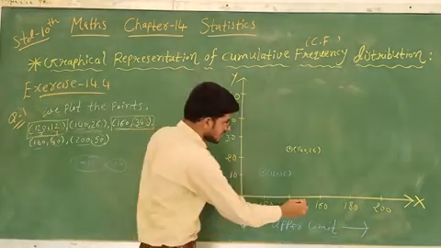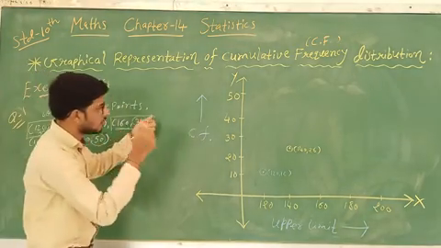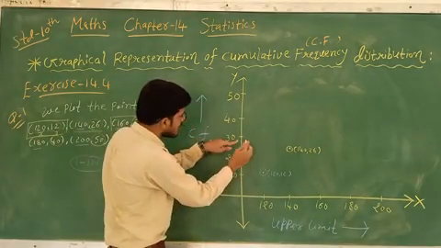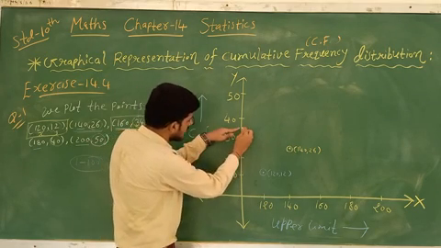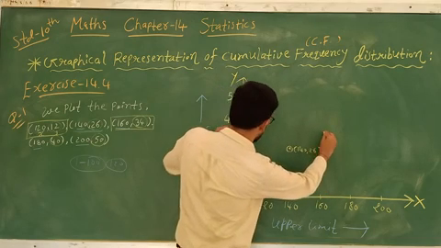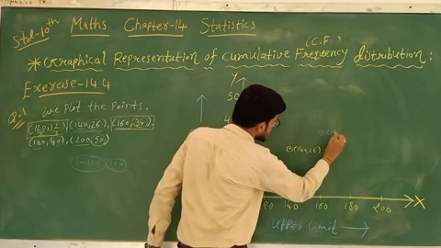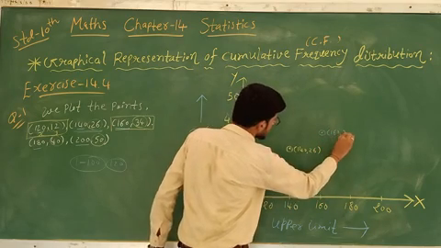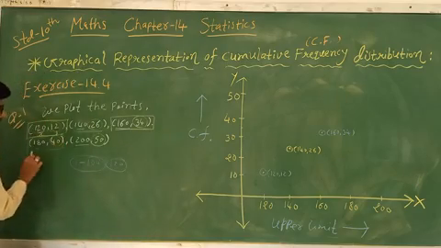So 160 on the x-axis and 34 on the y-axis. 34 is in between 30 and 40, approximately here, so we plot 160, 34.